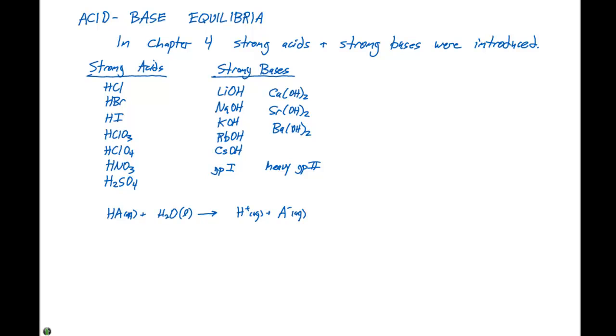Okay? And we can indicate a forward arrow here because this will fully dissociate. And that means 1 mole of HA is going to give us 1 mole of H+ and 1 mole of A-.